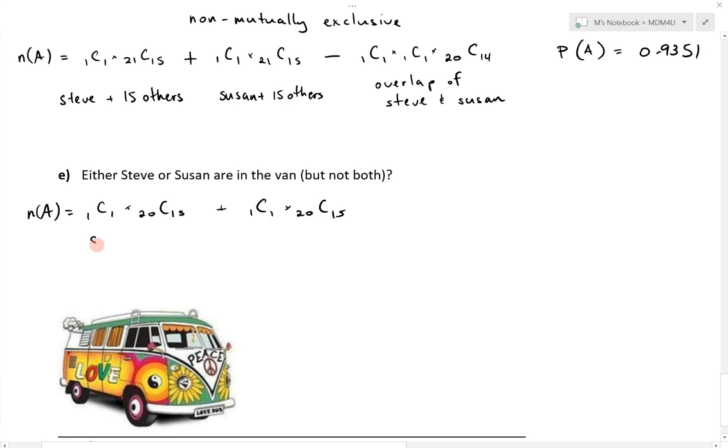So I'm adding the possibility that it's Steve plus 15 others, not including Susan. So instead of 21 it's 20. And this, I'm adding the counting of the possibility that it's Susan plus 15 others, not including Steve.